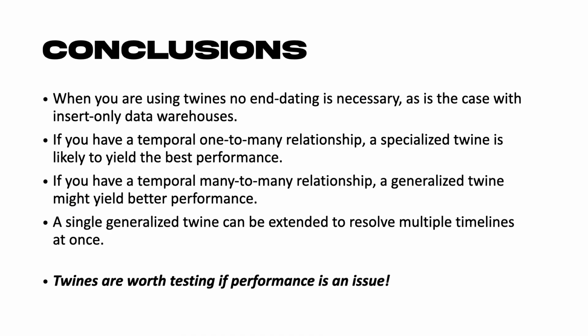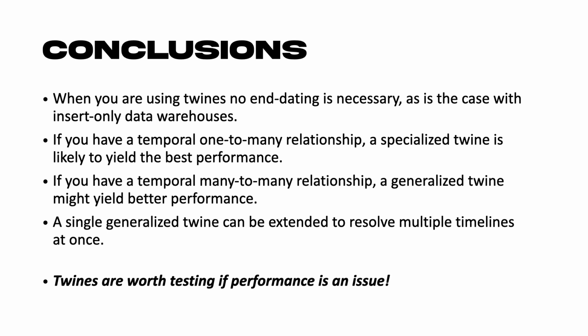What are the conclusions then that we can draw from temporal joins and twines? Well, the first thing is that temporal joins come in many different shapes and forms. If we decide to use twines, no end dating is necessary.